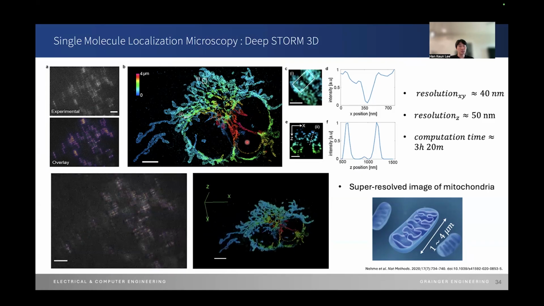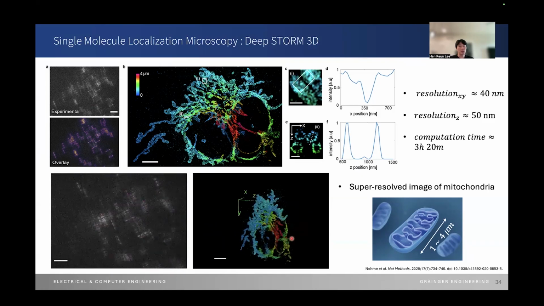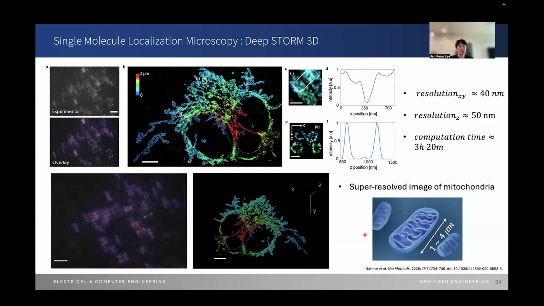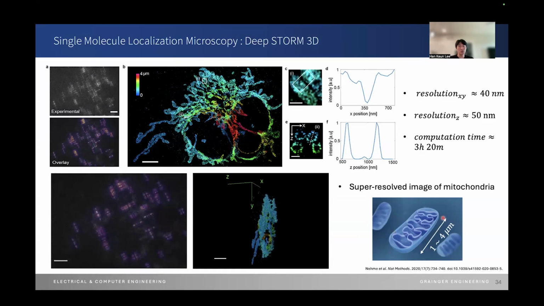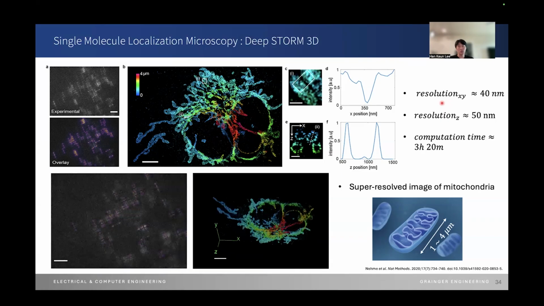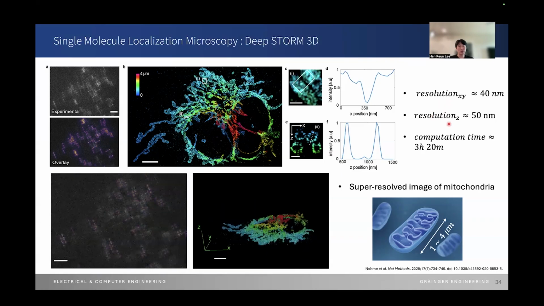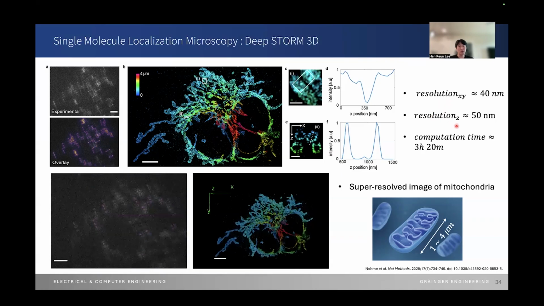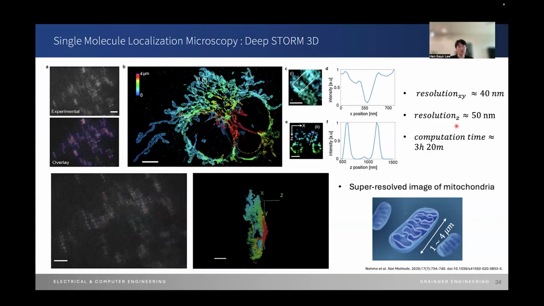Using this technique, they were able to create a 3D structure of a molecule that they were trying to image, which was the mitochondria. They claimed that the resolution in the lateral direction was about 40 nanometers, and in the axial direction was 50 nanometers. And the computation time was 3 hours and 20 minutes.